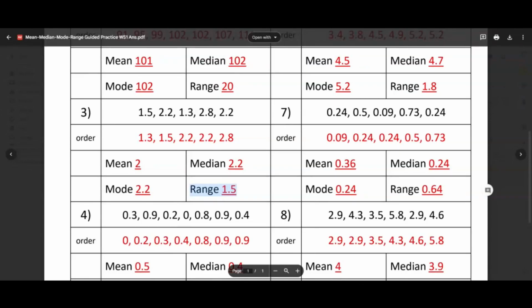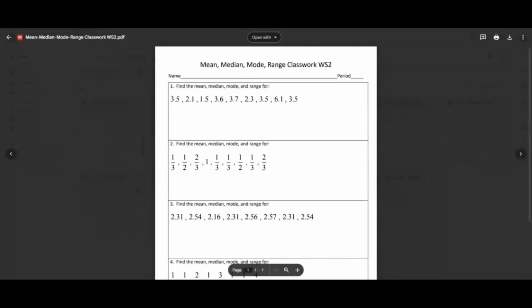All right, and that sheet should look like this. All right, so we should have this sheet, and I want us to look at number 2. Look what we have at number 2. Uh-oh. Yep, we will not ever get away from having fractions. You will have fractions to do.